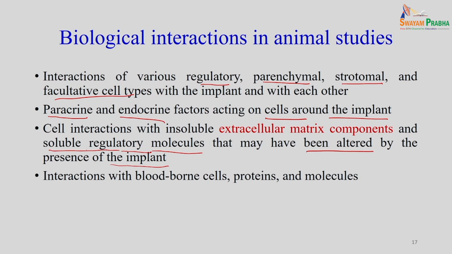So, what is the interaction of the cells with the ECM components or regulatory molecules due to the presence of the implant, and also the interaction with blood borne cells, proteins and other macromolecules. These are the different interactions which take place during the animal study, or in vivo analysis.